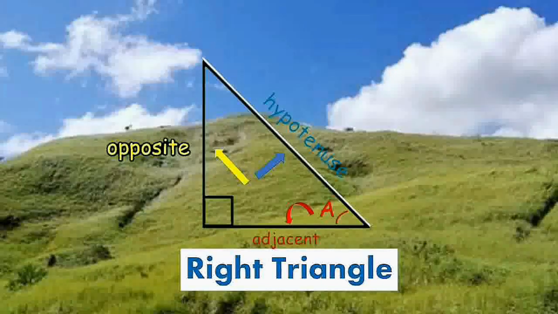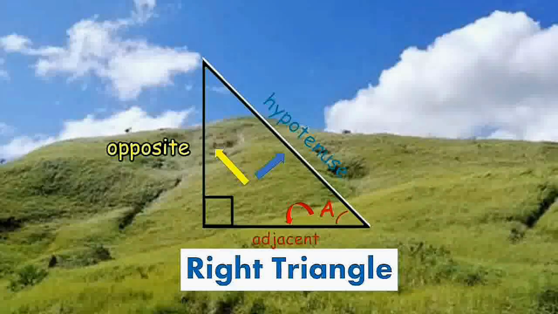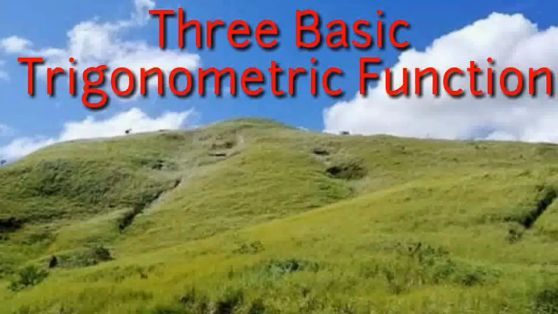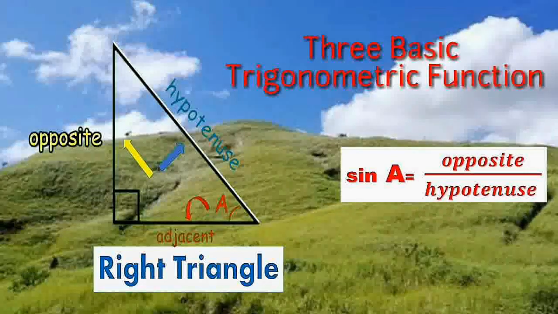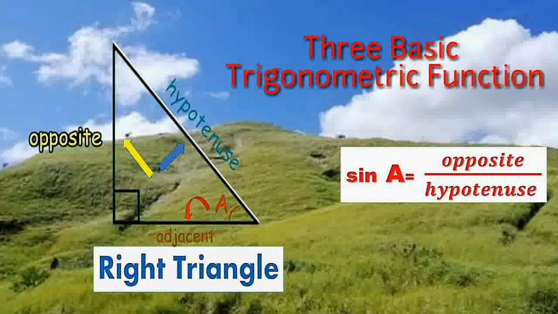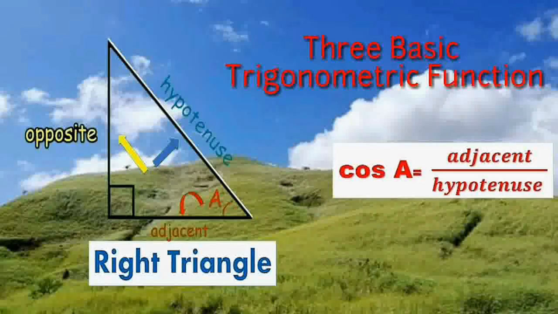These parts are important in measuring distances and heights of the different objects using the three basic trigonometric functions. First is the sine. Sine is the ratio of opposite or the opposite side of the given angle over the hypotenuse. Second is the cosine.